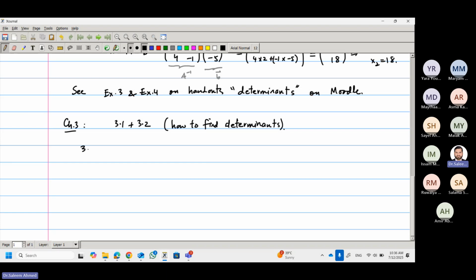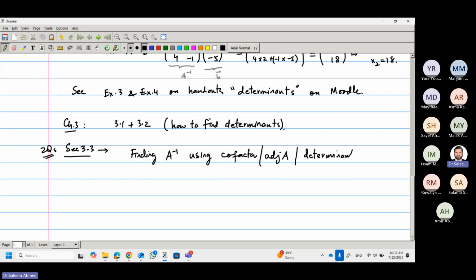And then in 3.3 you have one question from here, two questions, not one, right? Two questions from here. One is finding A inverse using determinants, cofactors basically, or you can say using the adjugate of A, or using determinants.